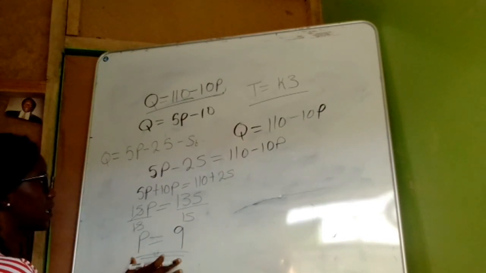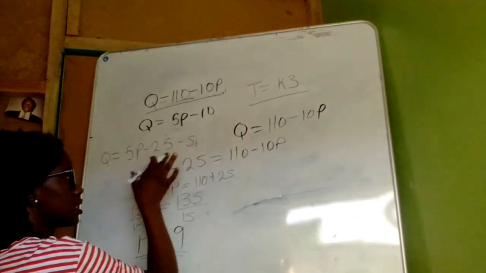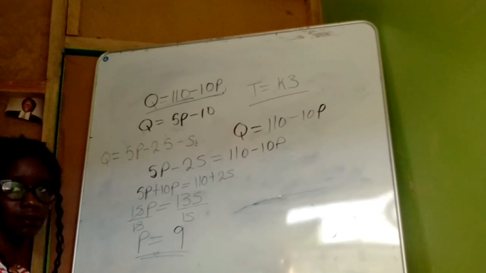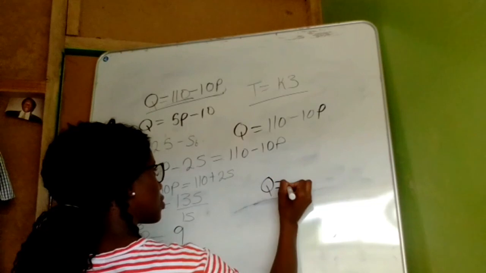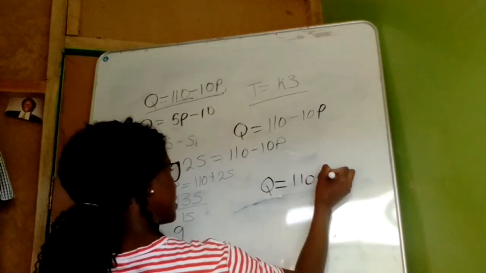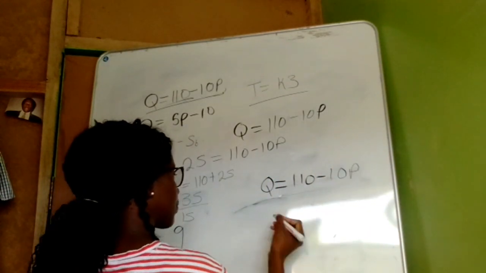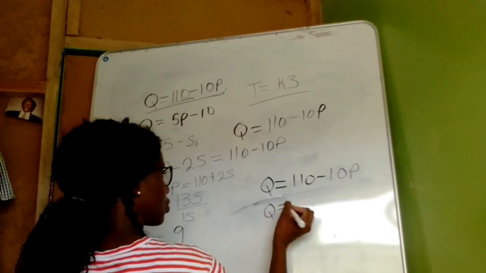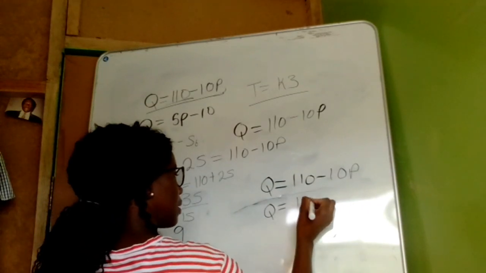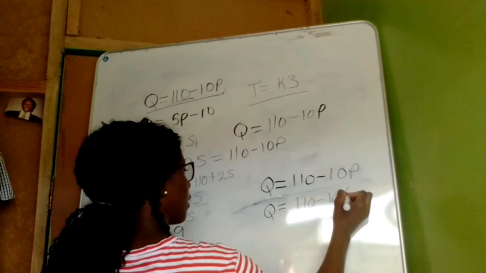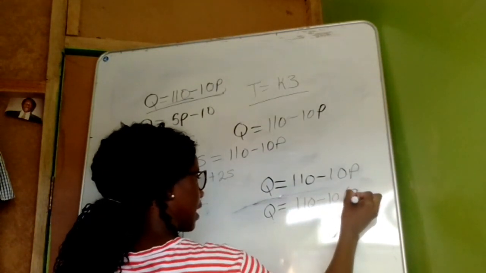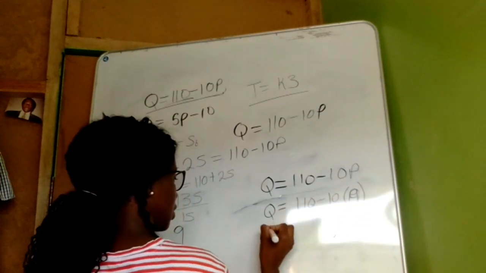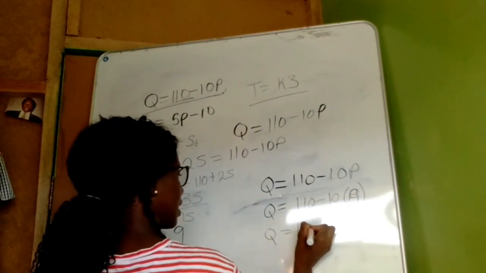So having our price, we can use any of the two equations to find our quantity. So I'll use the demand equation. So Q is equal to 110 minus 10P. Our price is 9.